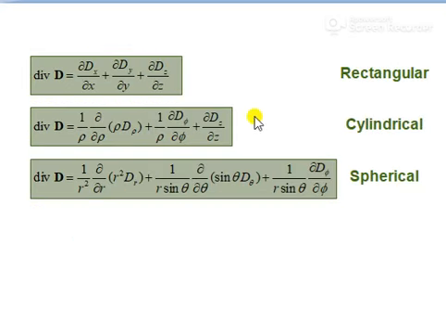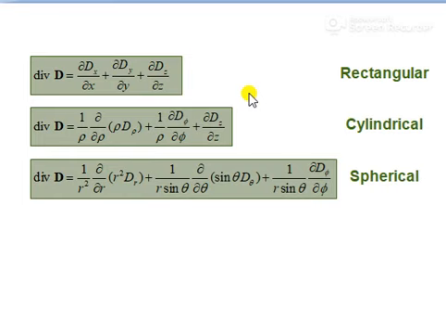We can use the divergence in all the coordinate systems. First is rectangular: div D is equal to ∂Dx/∂x + ∂Dy/∂y + ∂Dz/∂z.